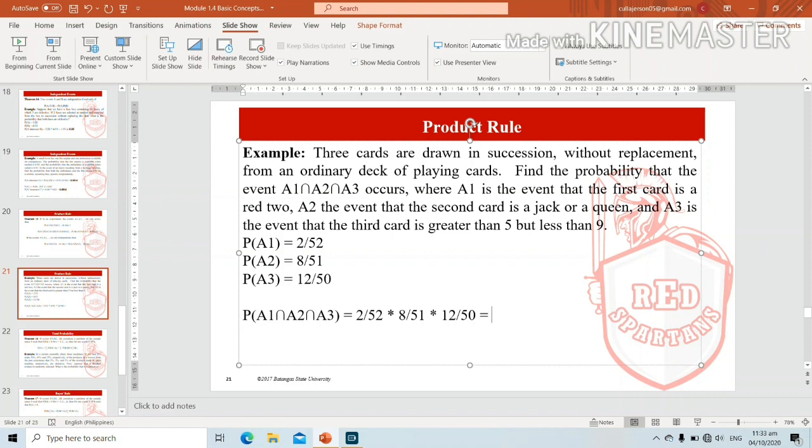O, ang answer natin, 2 over 52 times 8 over 51 times 12 over 50. So, 8 over 5525. So, yung decimal natin is 1.44 times 10 to the negative 3 or 0.0014. Yun yung ating answer dito sa example.